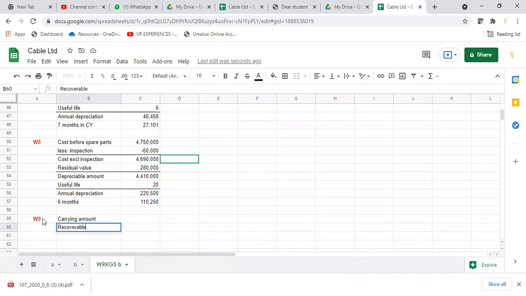If you can identify errors in a calculation, then you basically know what you are doing. Recoverable amount was given to us as 8.5 million.